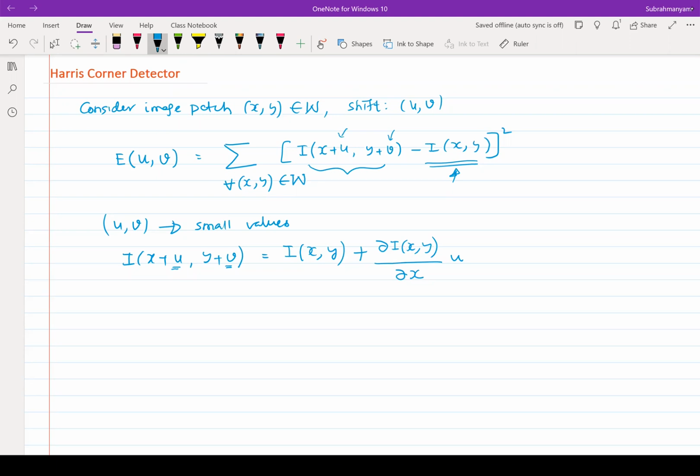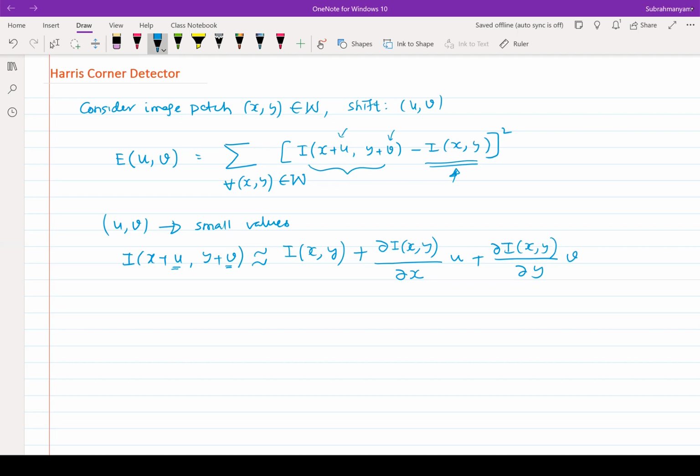The second term, you should be able to tell even without knowing the Taylor series expansion, just by guessing: dou I by dou y into v. That's all. All higher order terms I am not writing here, so let me write it as an approximation instead of equal to.